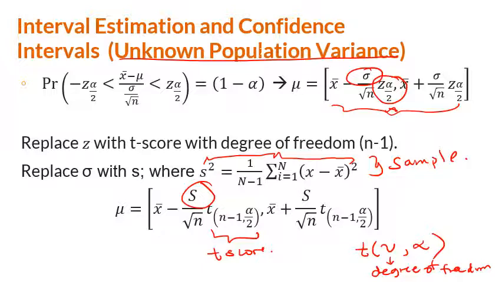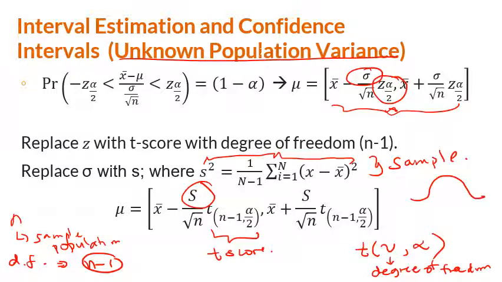So, kung meron tayong n na sample population, yung degree of freedom natin, df, is given by n-1. So, ang titingnan mo sa T-score table is yung value with degree of freedom n-1 at significance level of alpha over 2. So, take note, parehas din ng Z-score. Our T-distribution is symmetric with respect to your mean.